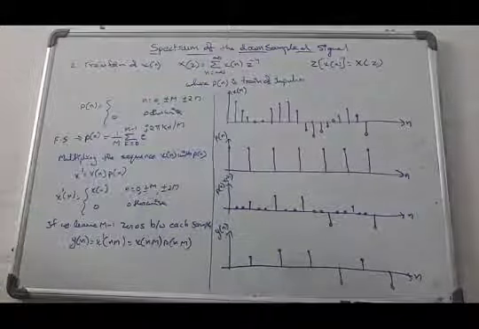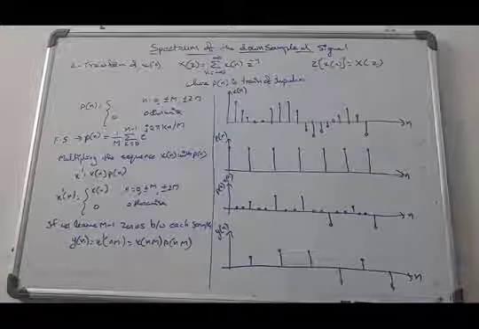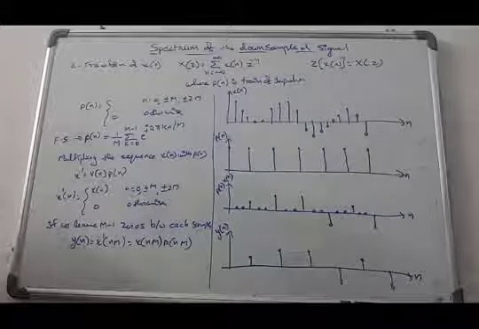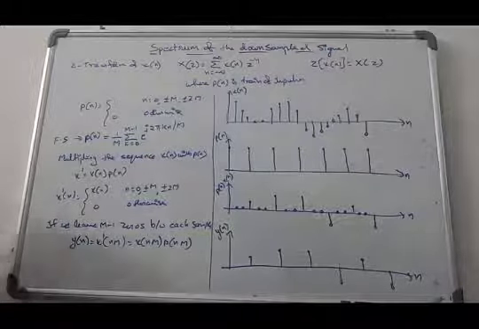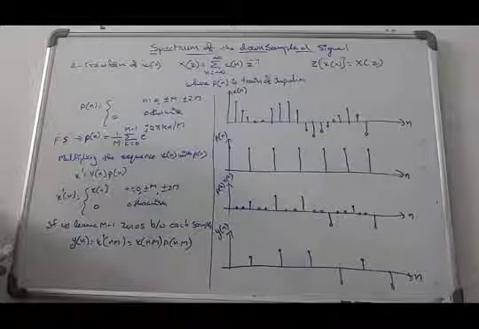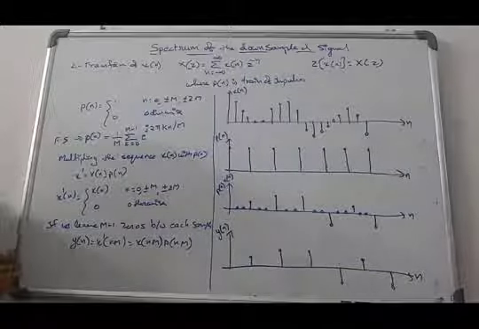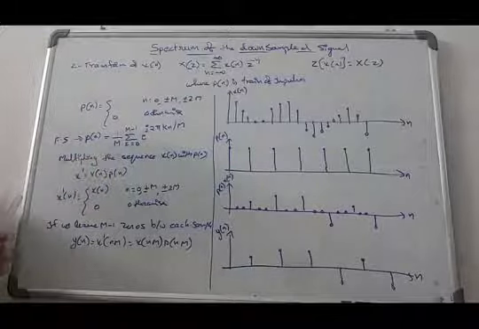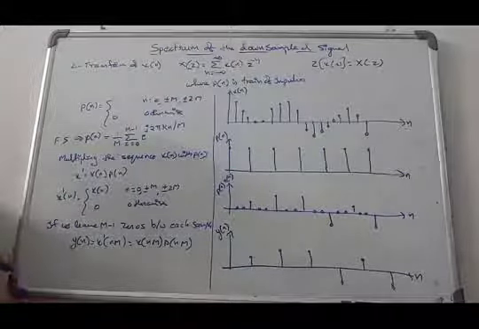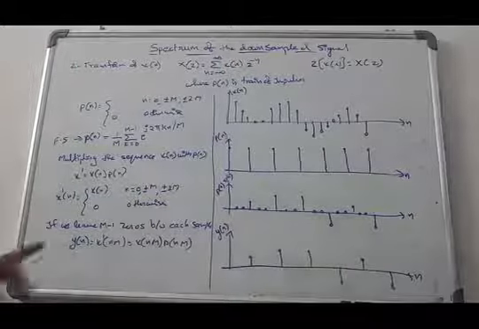The output y of n can be obtained by multiplying the sequence x of n with the periodic train of impulses p of n. So p of n is a train of impulses, and we remove M minus 1 samples.